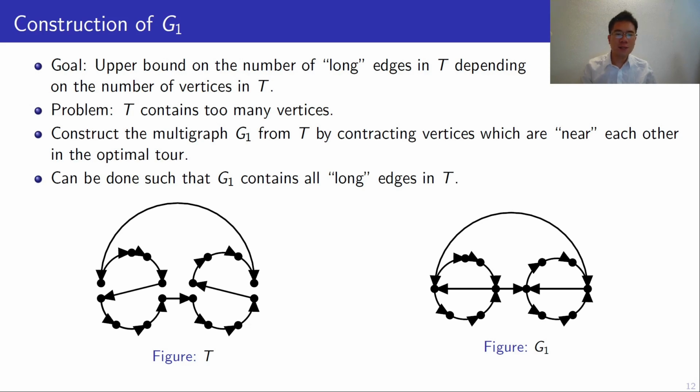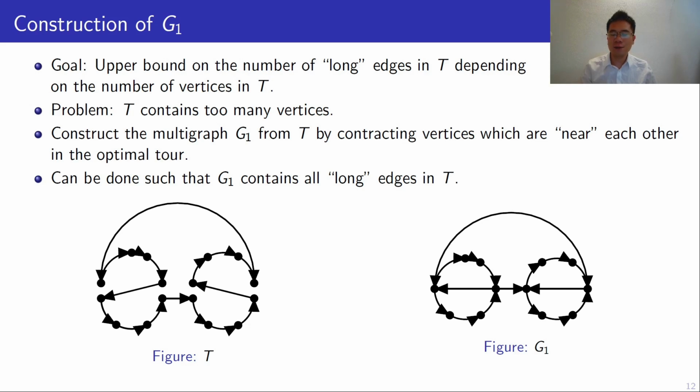You can see in the left figure we have the tour T. Note that T is not an undirected cycle visiting every vertex exactly once, but a directed cycle, because we have fixed an orientation. We just fix one of the 2 possible orientations and consider a directed cycle with directed edges.